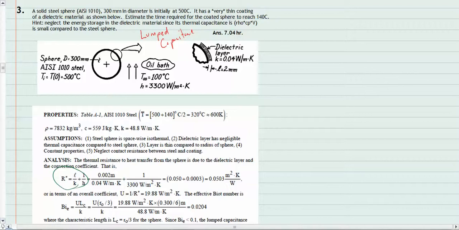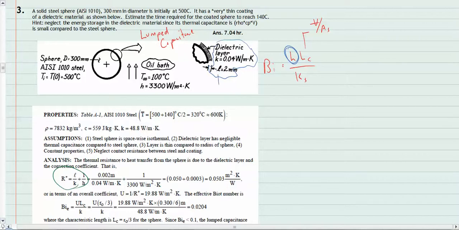The only complication in this problem is that our normal Biot number, which is defined as h times length scale over k sub s for the solid, where this length scale is usually the volume divided by the air surface area, this h is no longer sufficient. We have to worry about the total resistance of both h as well as a thin layer, this dielectric layer, and that's the only complication in this.